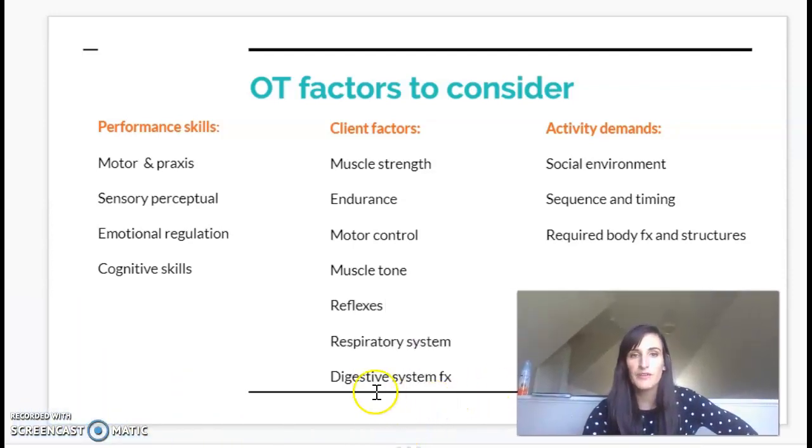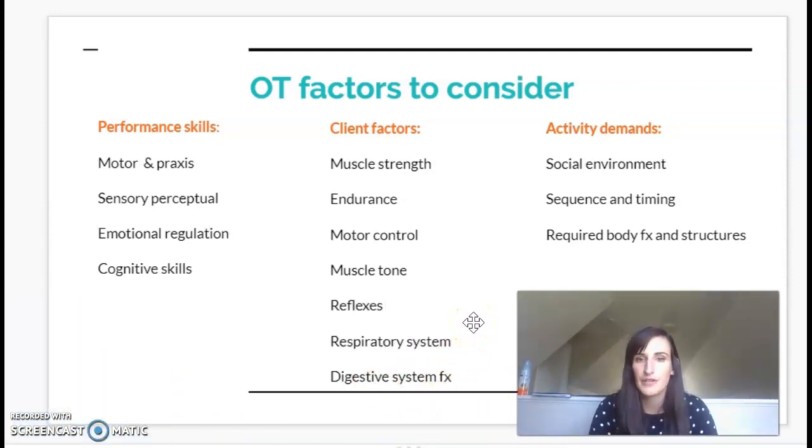Okay, so more factors to consider, and this is from your OT practice framework, right? Performance skills: motor and praxis, sensory and perceptual, emotional regulation, cognitive skills. Just stopping there, if we're talking about a meal, what would emotional regulation look like if we're eating?